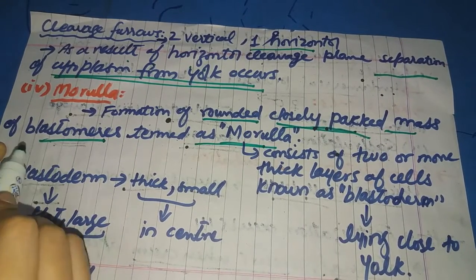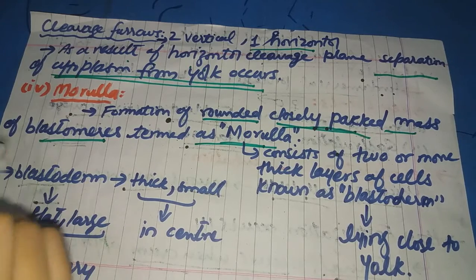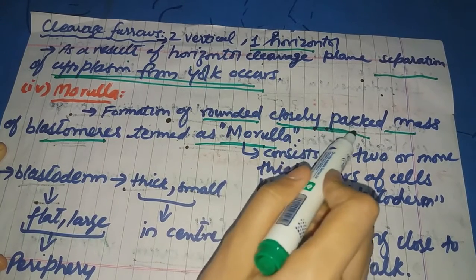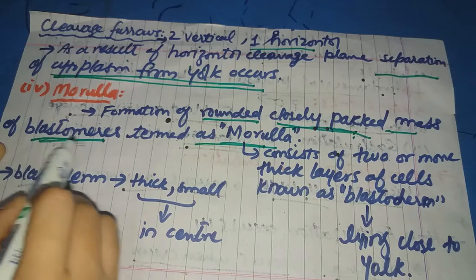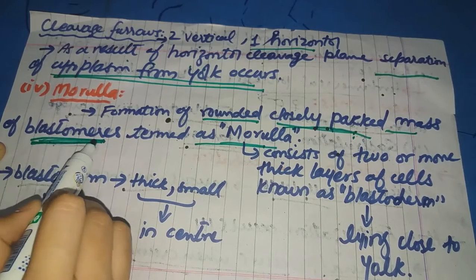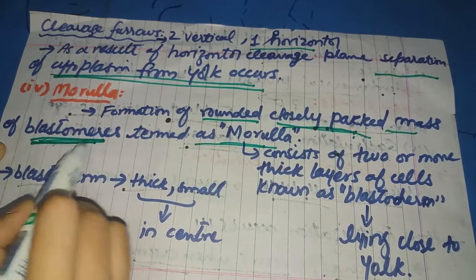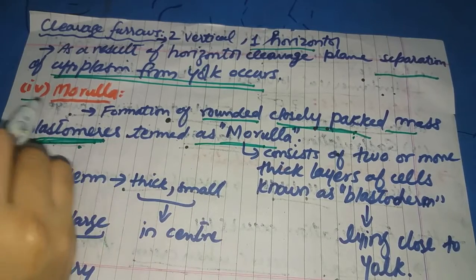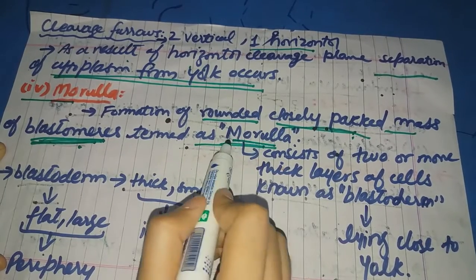Those closely packed cells are called blastomeres. This mass of blastomeres at this stage is termed the morula.